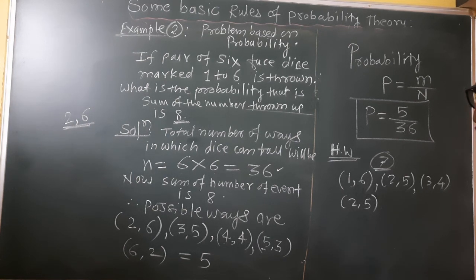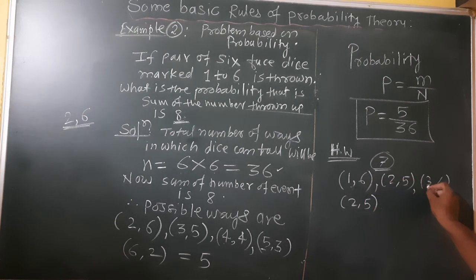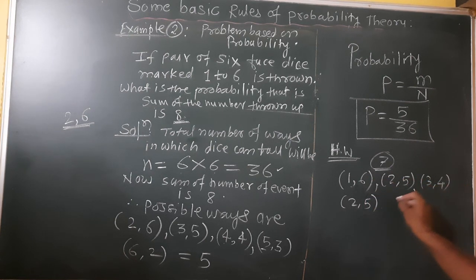Again another event: 1, 6, 2, 5, 3, 4, then 2 and 5.